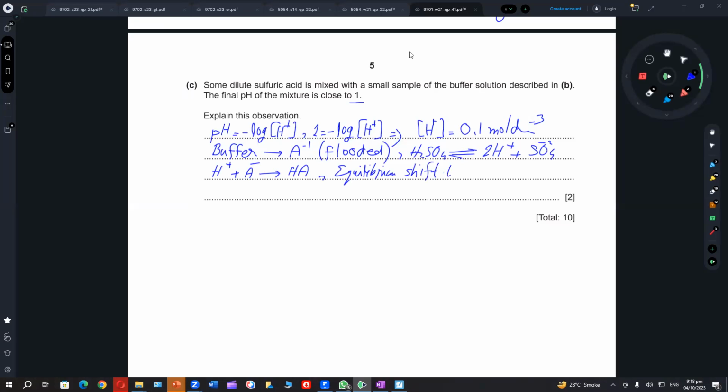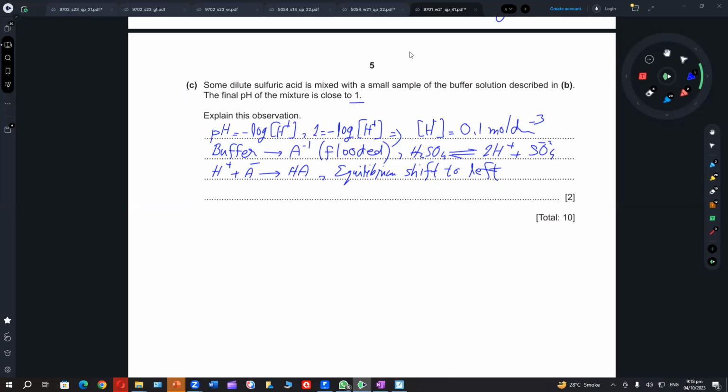The equilibrium will shift to the left. But before H plus finishes, A minus would have finished, because one of them has to go. In chemistry, there's a concept of limiting reactant and excess reactant. If the buffer is failing, our soldiers A minus have gone.